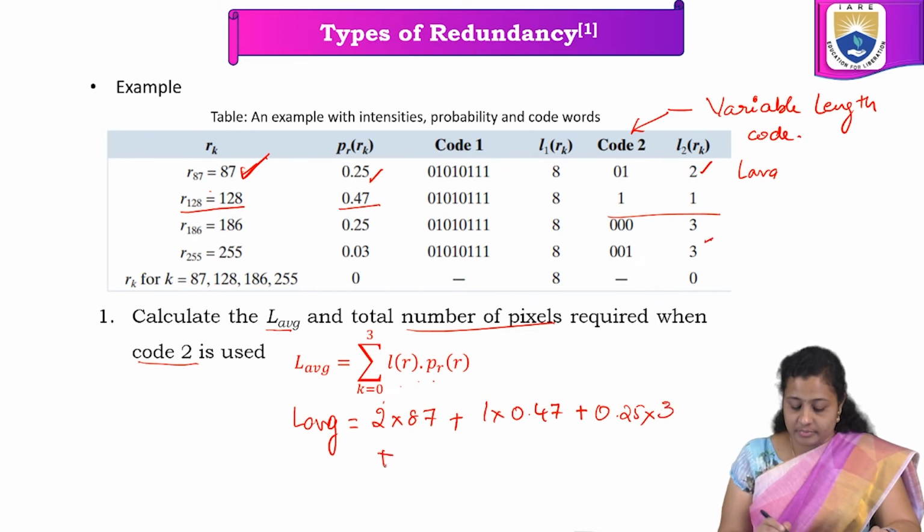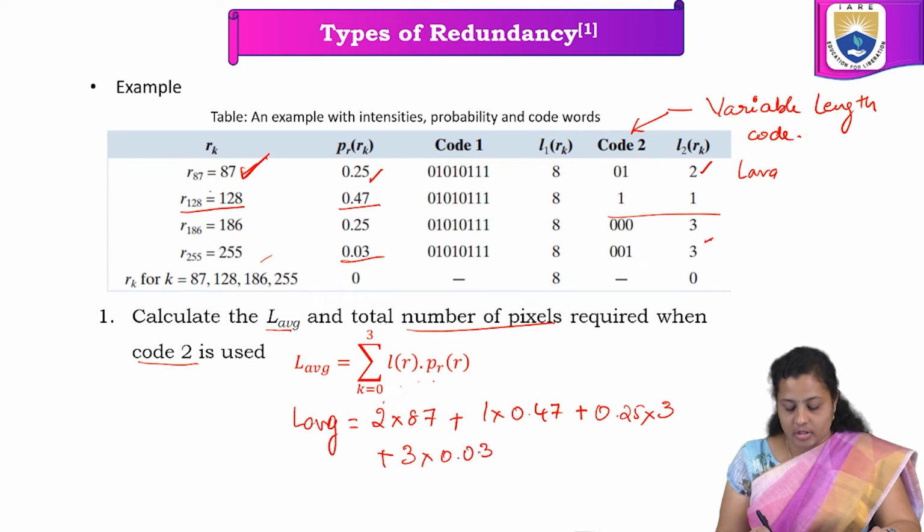Plus the next intensity value, 255, which has code length 3 and probability of occurrence 0.03.